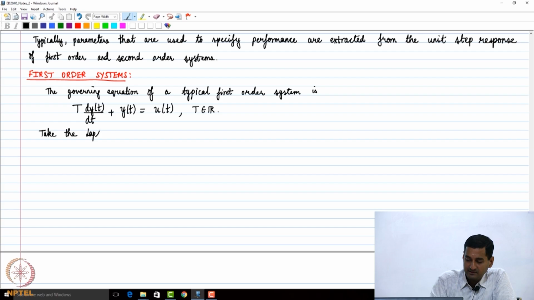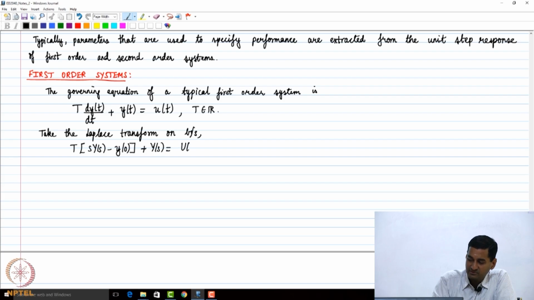Take the Laplace transform on both sides. What do we get? We get T times (sY(s) minus y(0)) plus Y(s) is going to be equal to U(s). Correct? That's what we are going to have.